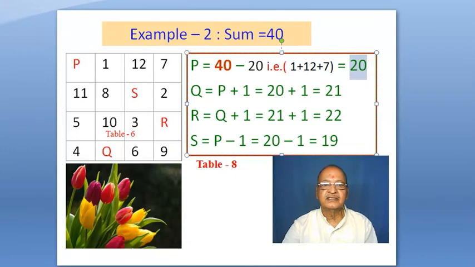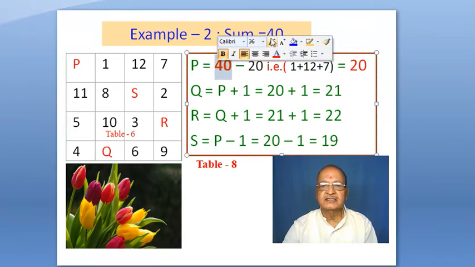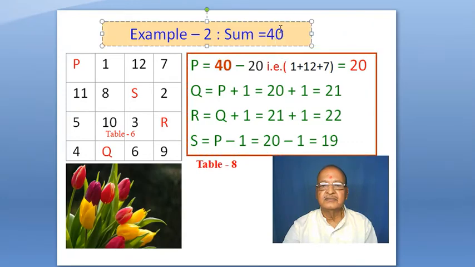So here calculation is coming. This 20, 40 minus 20, 21, 12, 7, this is 20. This 11, 5, 4 is 20. So 40 minus 20. This 40 is this sum.